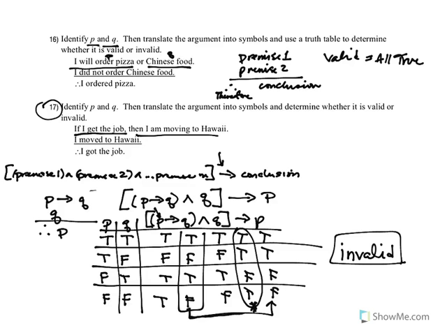That column has to then combine with the P using the conditional. So you end up with true, true, false, true, which gives you invalid. If you didn't get that, you need to go through and find your mistake, because I'm sure it was just a small error. And so that's how you translate your arguments into symbols, and then you set up your conditional statement with your argument and do a truth table to determine validity.